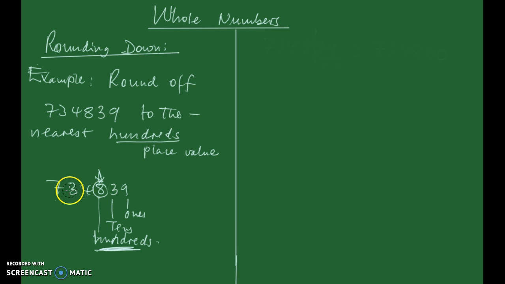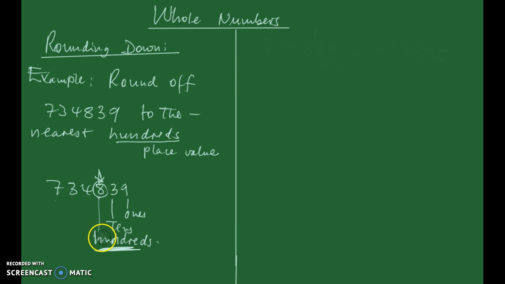Now I repeated the number here. This is our interest, okay? Hundreds. These are ones. When we assign place value for every digit here, 9 takes ones, 3 stands for tens, 8 stands for hundreds. That's where we are. We have to round off this number to the nearest hundred. So this 8 is the place value for hundreds.